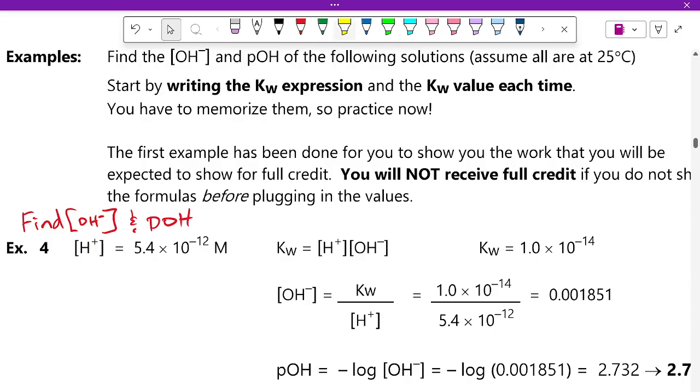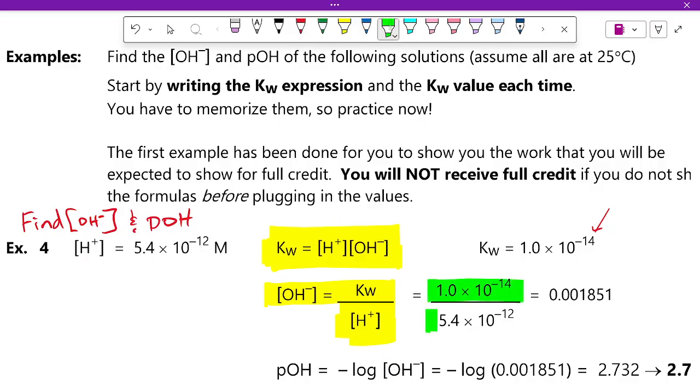You're going to show Kw, and then show solving that for hydroxide. The only one you don't really need to show is this one, but for now it's useful because it'll remind you what the value is. Then you're going to show your plugging in, and then you're going to show your answer.